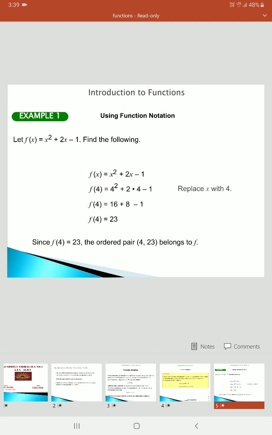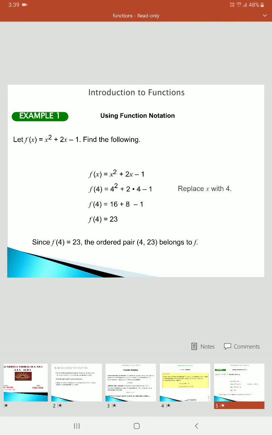There are some examples using function notation. Example 1. Let f(x) equals x square plus 2x minus 1. Find f(4). So here is the solution. f(x) equals x square plus 2x minus 1.